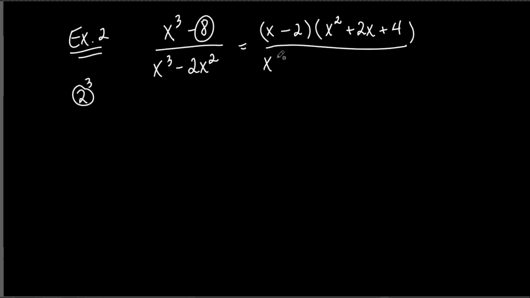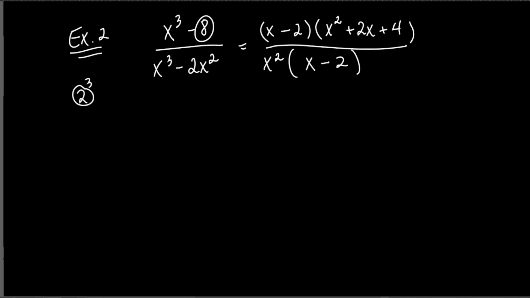So I factor out an x squared, and I figure out what's left over. If I take this and divide it by x squared, that's what we do when we factor it out. We divide it. So x cubed divided by x squared is x. Put a minus. And then we take this and divide it by x squared. What's 2x squared divided by x squared? It's just a 2. There we go.